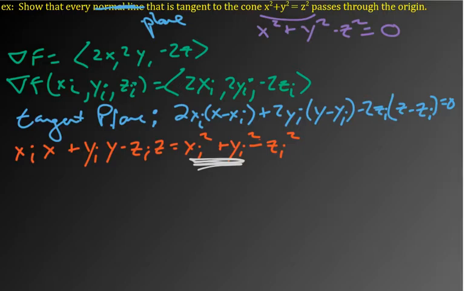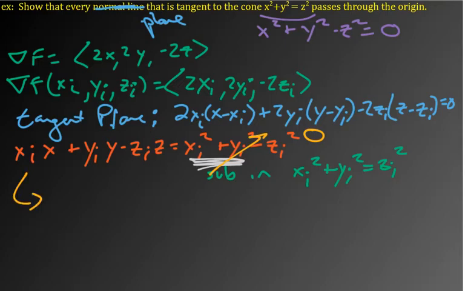And so what I'm going to do is pop in this equation. And I know that this should then become z sub I squared, right? But then I have z sub I squared minus z sub I squared. So actually all of this, if you sub in x sub I squared plus y sub I squared equals z sub I squared, then you're going to get this nice thing where this whole right side goes to 0.